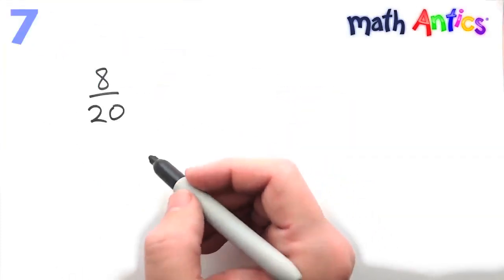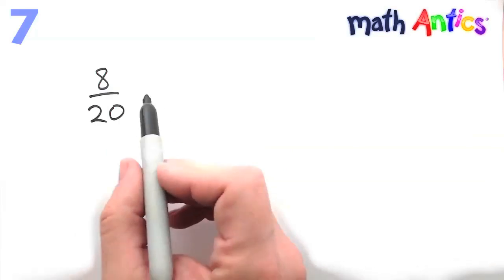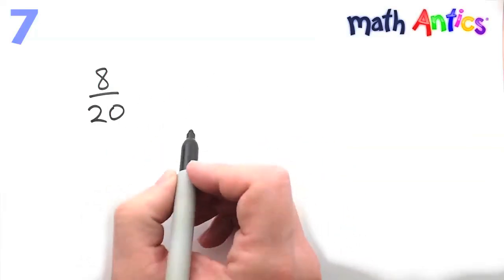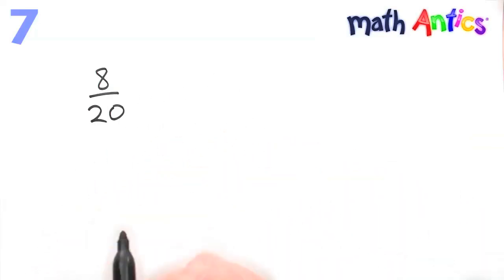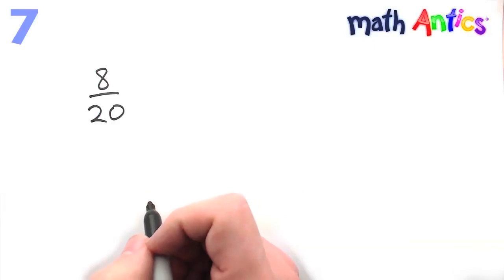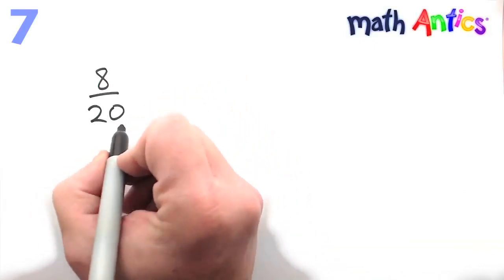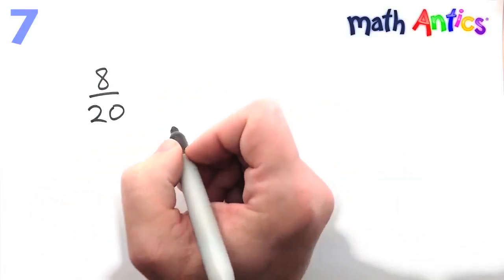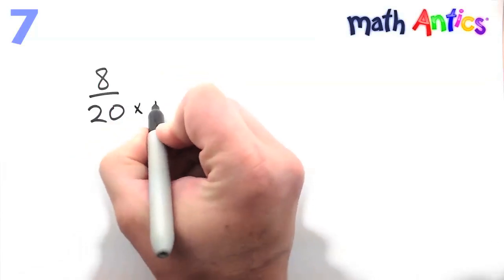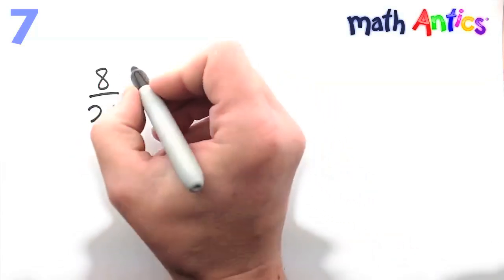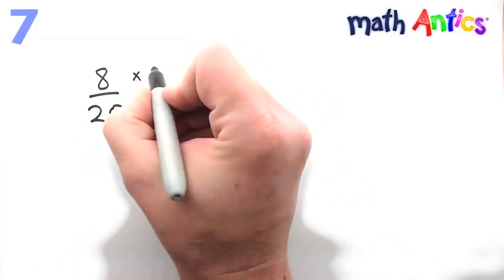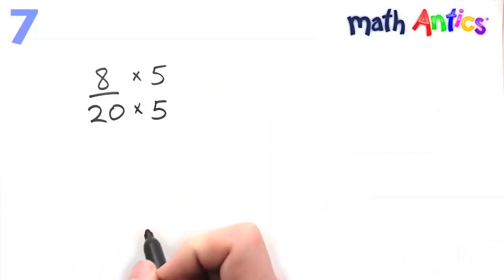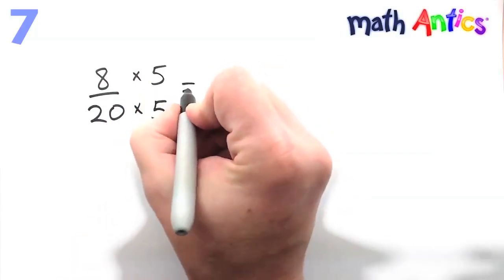And now we have the fraction 8 over 20, and we need to convert it into an equivalent fraction with 100 as the bottom number, and then write that in its percent form. So we need to figure out 20 times what would equal 100. Well, 20 times 5 equals 100. So we need to do that to the top number as well. We need to multiply it by 5 so we get an equivalent fraction.